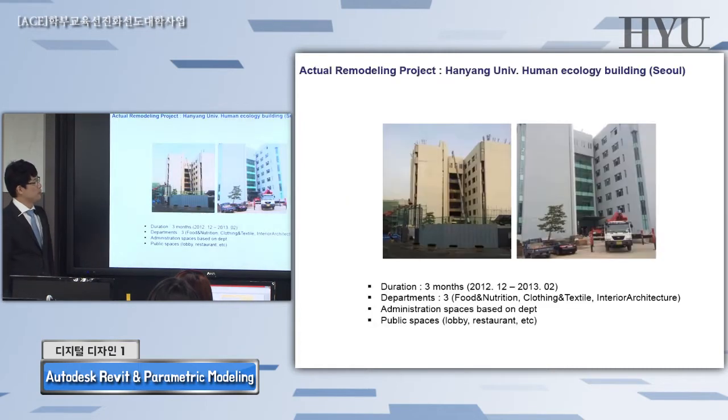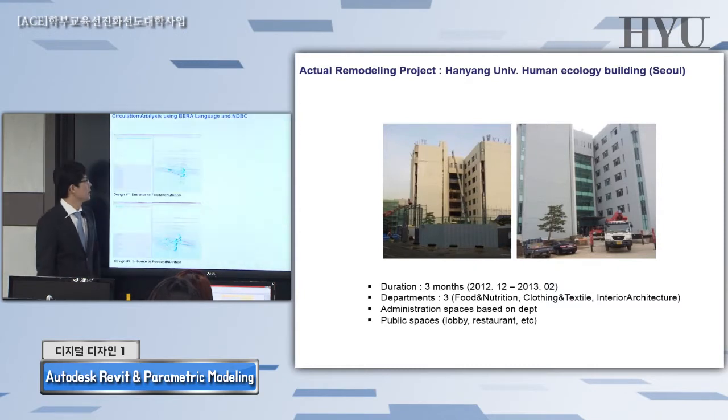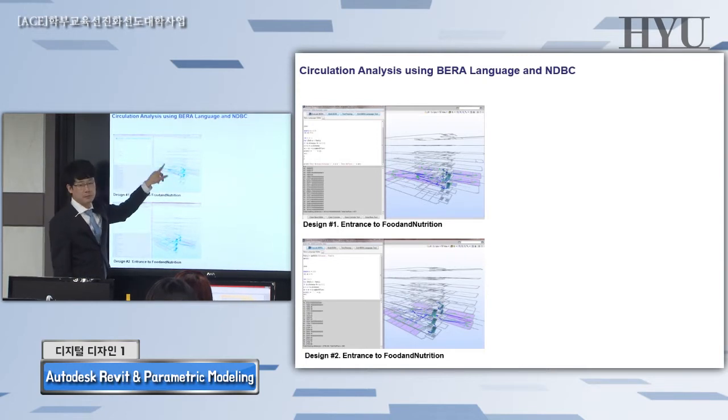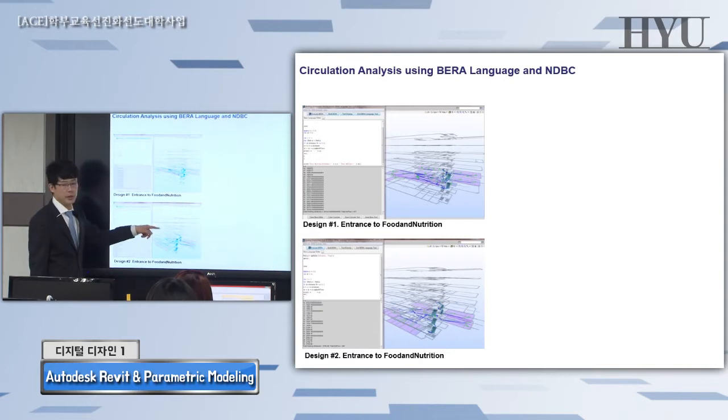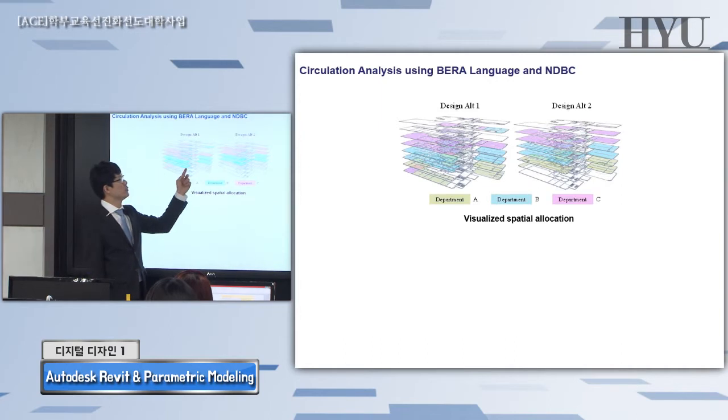So for this building, this is before and after remodeling. When we remodeled, we modeled the Revit file for this building before and after, and recreated the circulation analysis this way. So we got two final design alternatives. Actually, department C in purple color, the purple color here is our department, Interior Architecture.